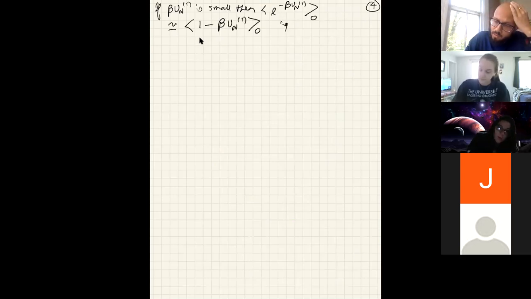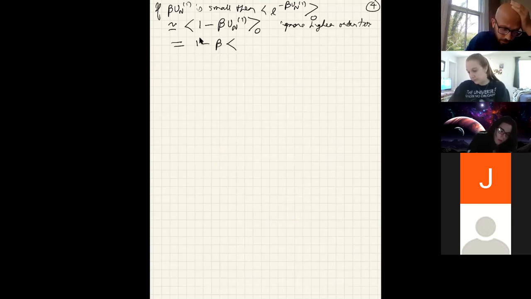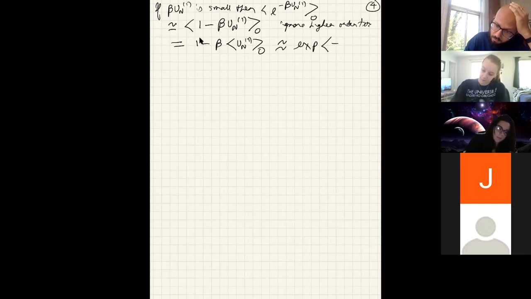We can ignore higher order terms. And then this is exactly 1 minus beta un1 0, which is approximately exp of minus beta un1 0.